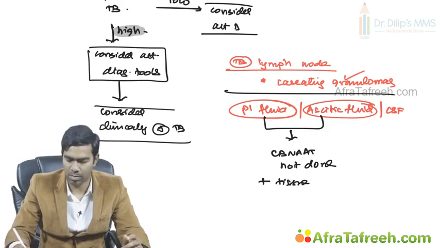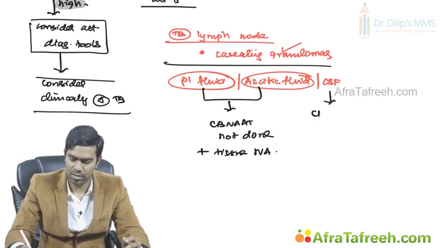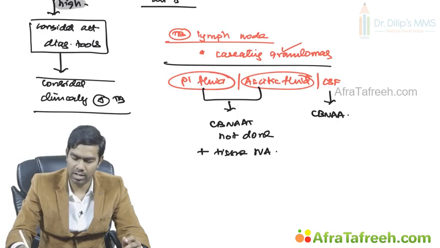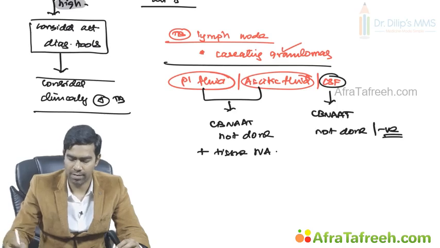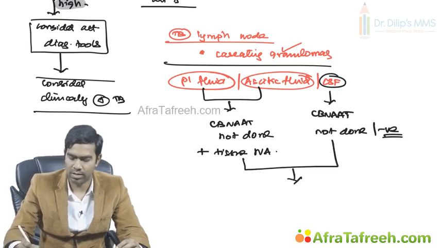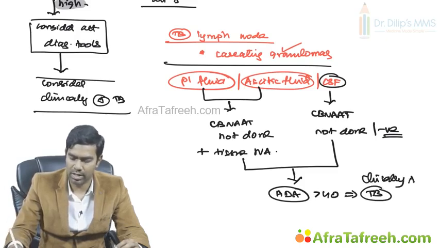Pleural biopsy or peritoneal biopsy is not available. Similarly, in CSF, your CBNAAT is either not done or negative, because in CSF you can do the CBNAAT, GeneXpert. If it is negative, in those settings I can do an ADA testing. If it is more than 40, I can diagnose tuberculosis. This is another example of a clinically diagnosed TB.